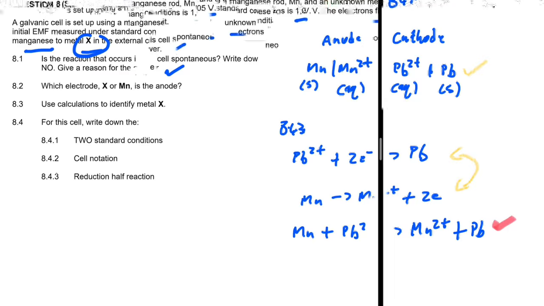2.5, calculate the EMF of the above cell under standard conditions. So the EMF of the above cell under standard conditions, we're going to have the reduction potential at the cathode minus the reduction potential at the anode. This is equal to, at the cathode, we have silver. What is the reduction potential? 0.8 minus the reduction potential of copper 2 plus.